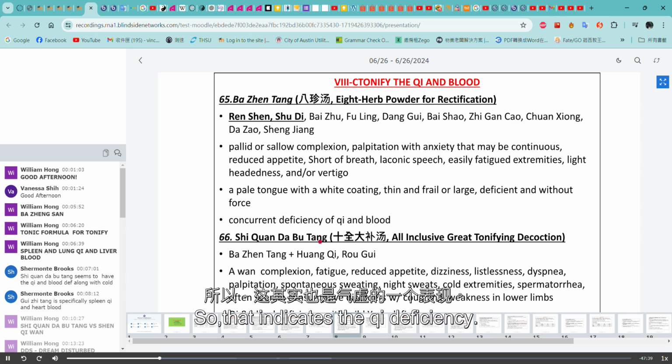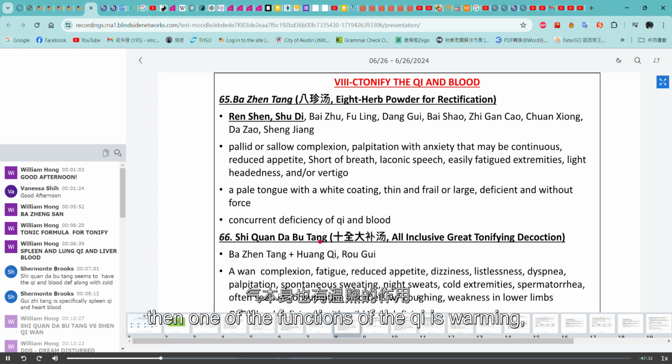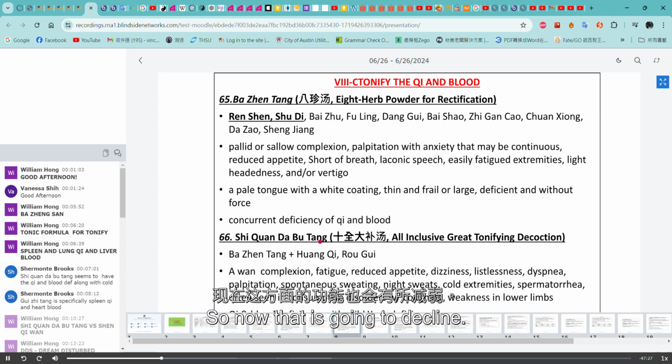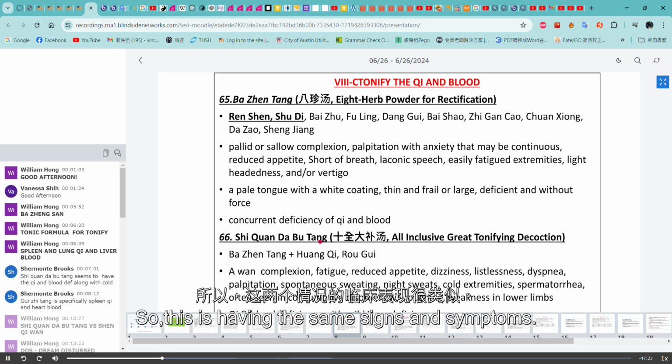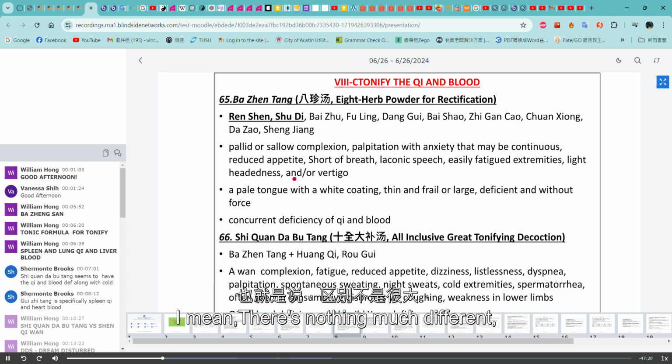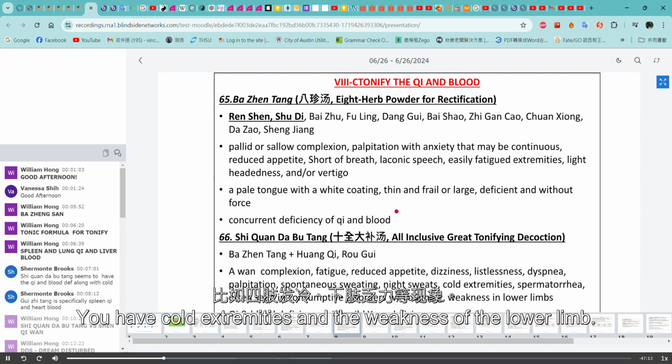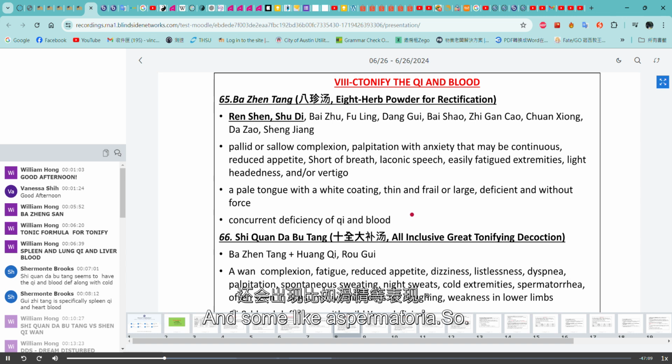So that indicates that qi is deficient. If qi deficiency is getting chronic, then one of the functions of the qi is warming, right? Yang. So now that is going to decline. So yeah, this has the same signs and symptoms, nothing much different, but they have some yang deficiency, cold extremities and weakness of the lower limbs, and some spermatorrhea.